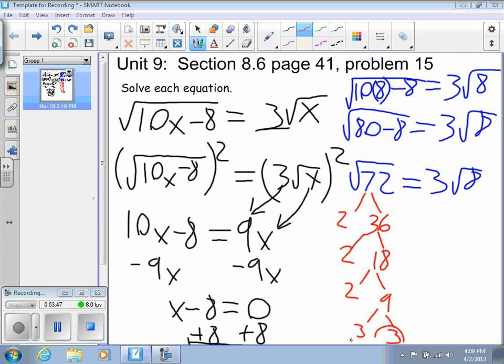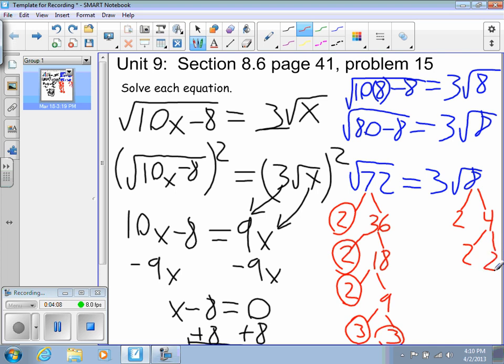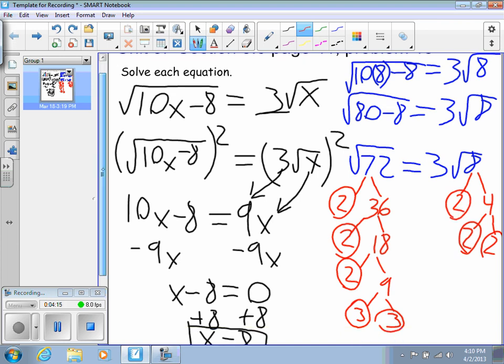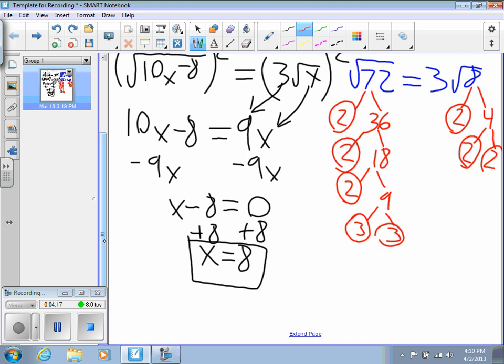And I'll go ahead and circle the primes here. And over here, I'll factor this one. And I've got 2 times 4, 2 times 2. I'll circle my primes. And then I'm going to scoot this down the page. And let's go ahead and simplify this.